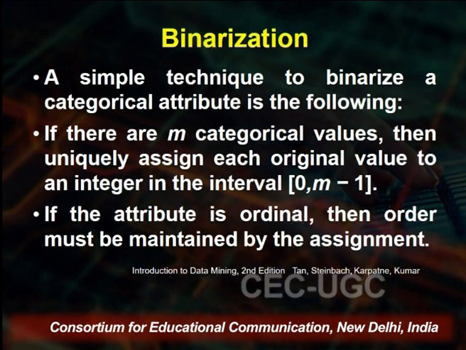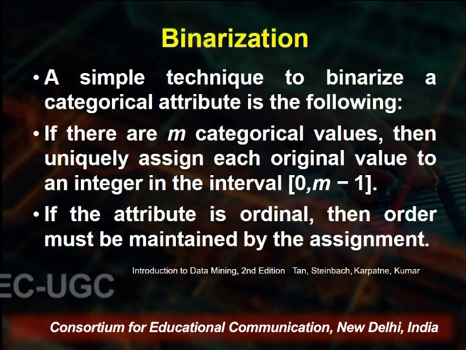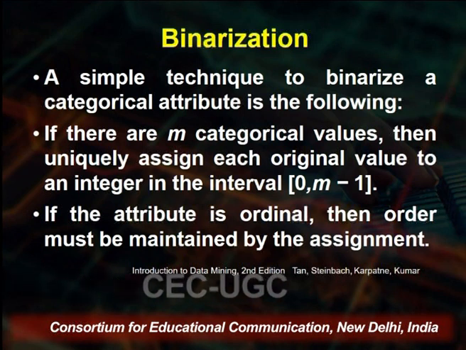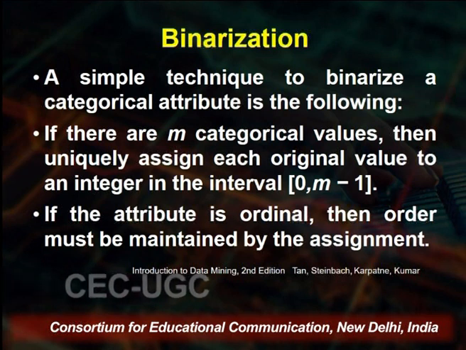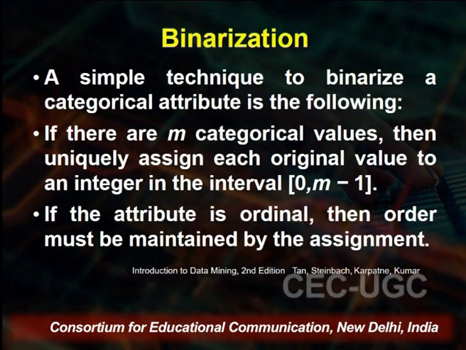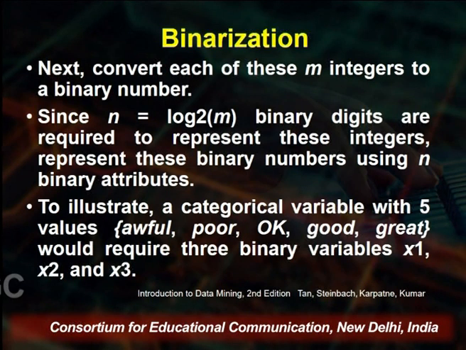If you have a categorical attribute which has m values, then you uniquely assign each original value to an integer in the interval 0 to m minus 1. If the attributes are ordinal, meaning the order is also important because they can be arranged in a particular order, then the order also has to be maintained by the assignment. Next, we convert each of these m integers into a binary number.